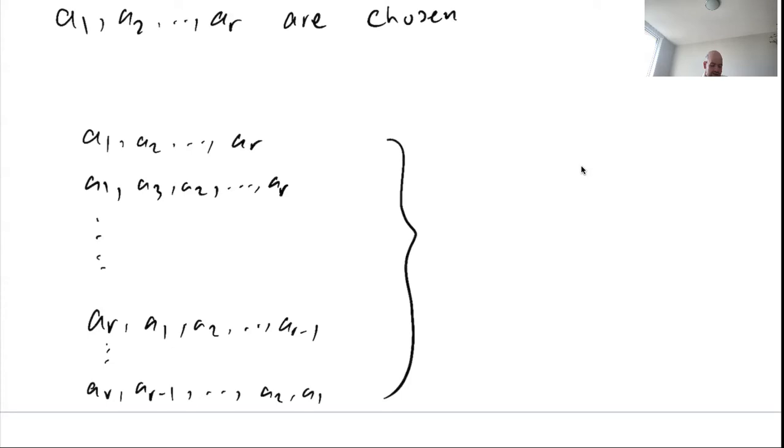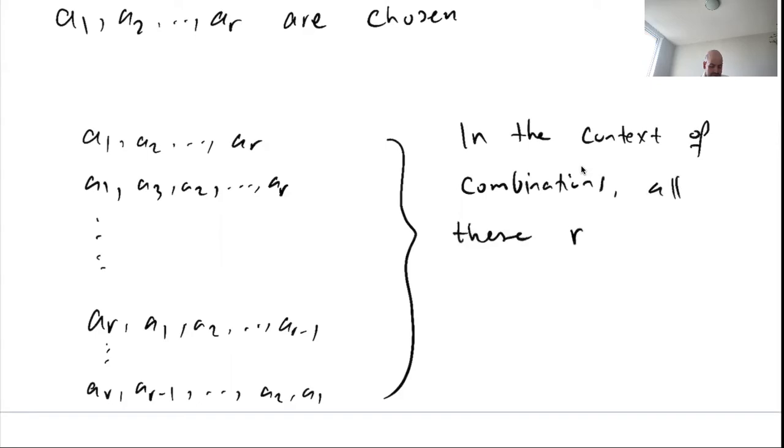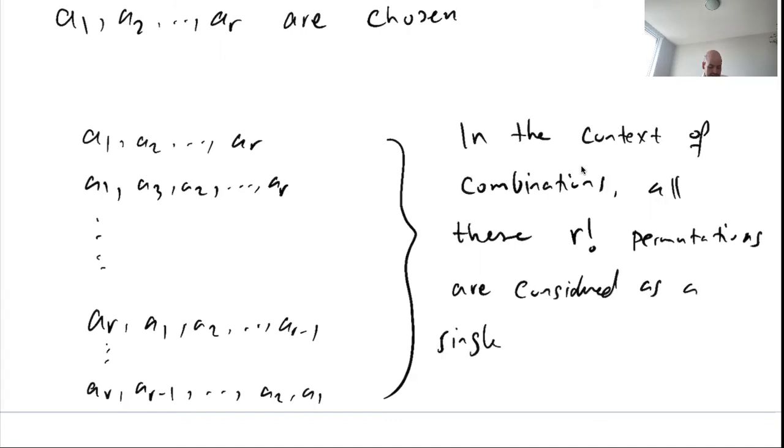Okay, so how many such arrangements do I have? In the context of combinations, all these r factorial permutations are considered as a single arrangement.